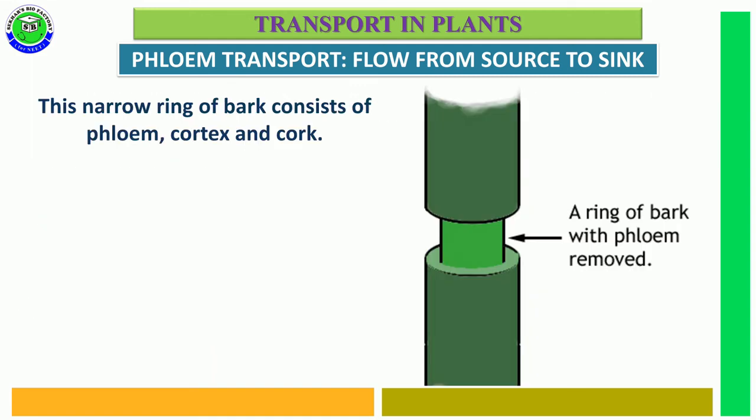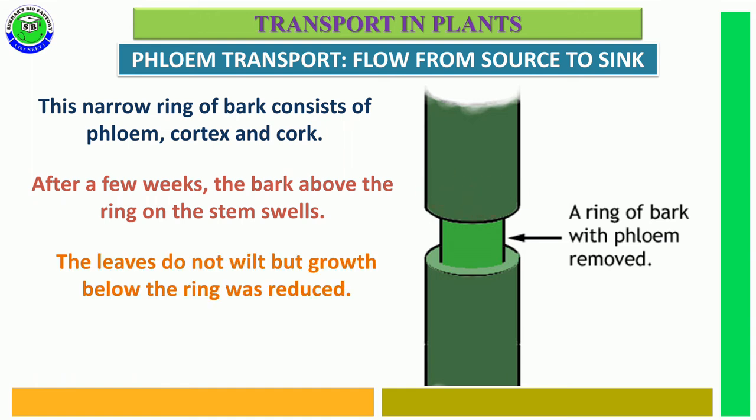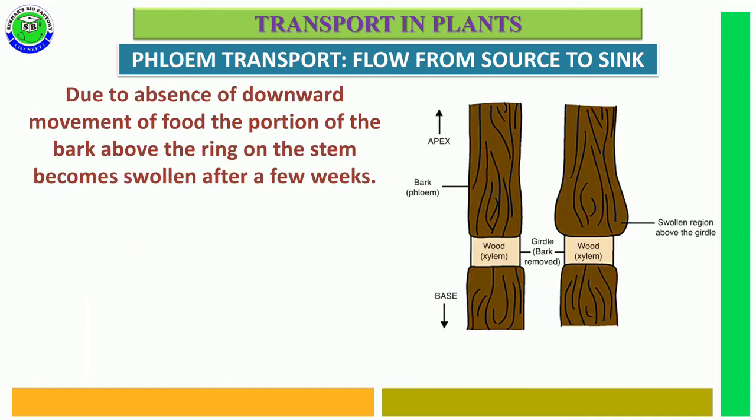This narrow ring of bark consists of phloem, cortex, and cork in its structure. After a few weeks, the bark above the ring on the stem swells. The leaves do not wilt, but growth below the ring is reduced.